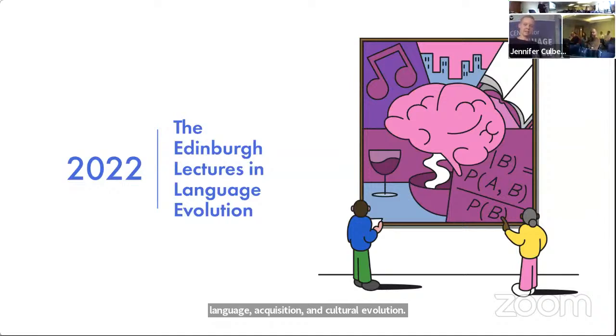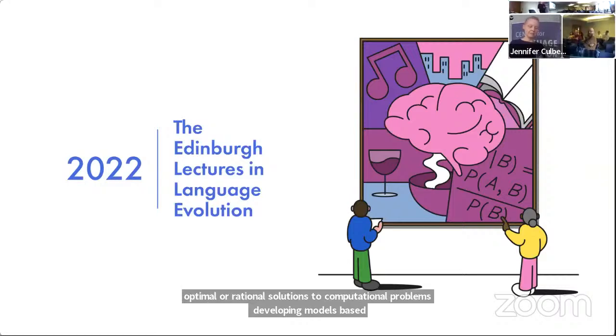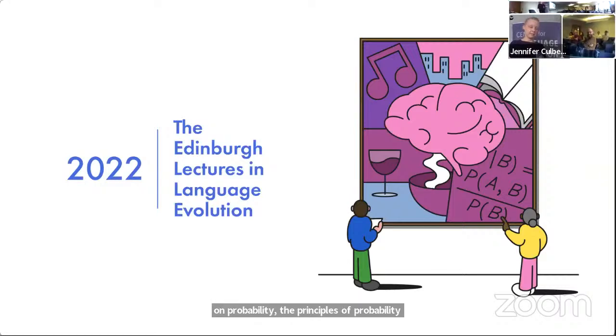He's cultivated a pioneering approach to understanding the foundations of human inductive inference by analyzing human cognition in terms of optimal or rational solutions to computational problems, developing models based on principles of probability theory. His work on Bayesian iterated learning has been particularly influential on a lot of us at the CLE and forms a core part of the curriculum for our MSc students. So take it away, Tom.